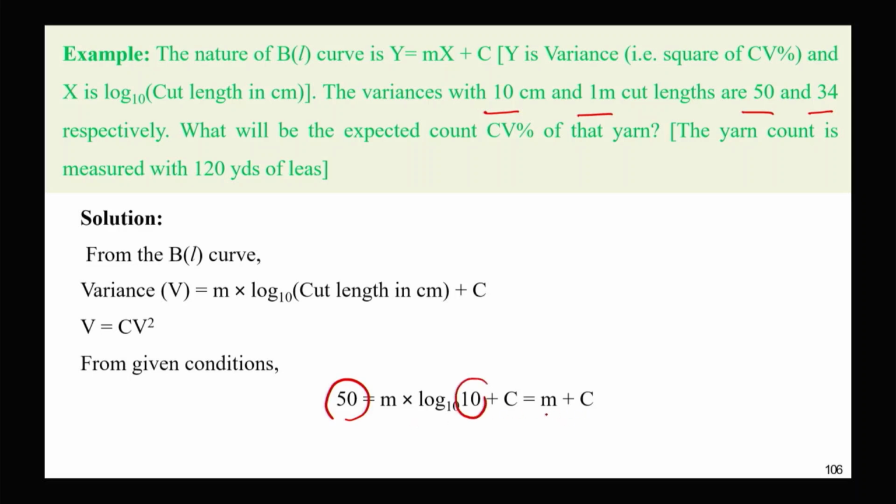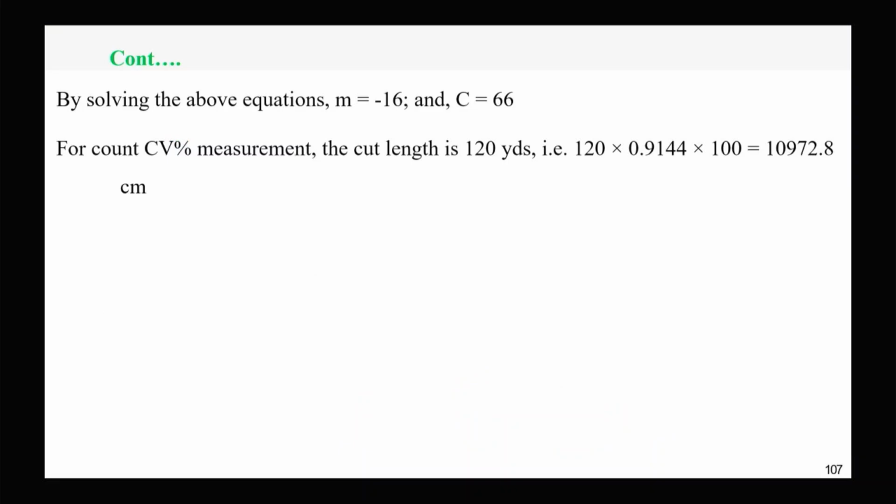So m plus c will be 50, and then for the next situation, 34 was the variance and cut length was 1 meter, that is 100 centimeter. So we get 2m plus c equal to 34. If we solve these two equations, we will get m value minus 16 and c 66.